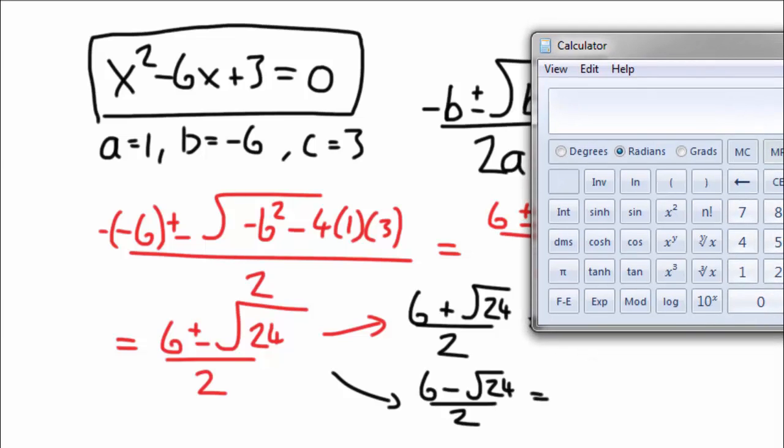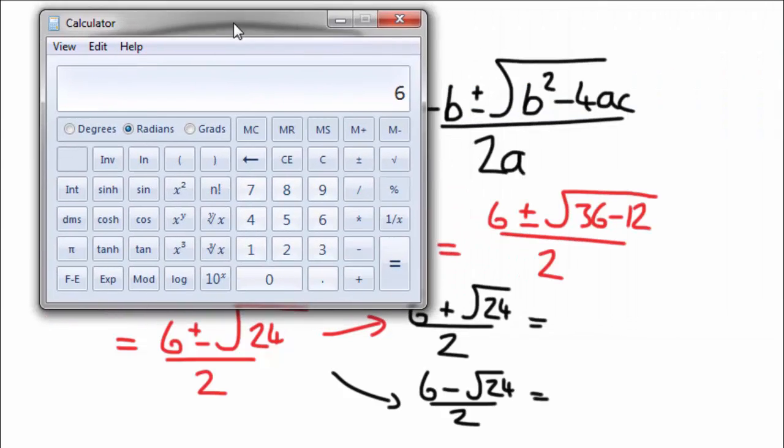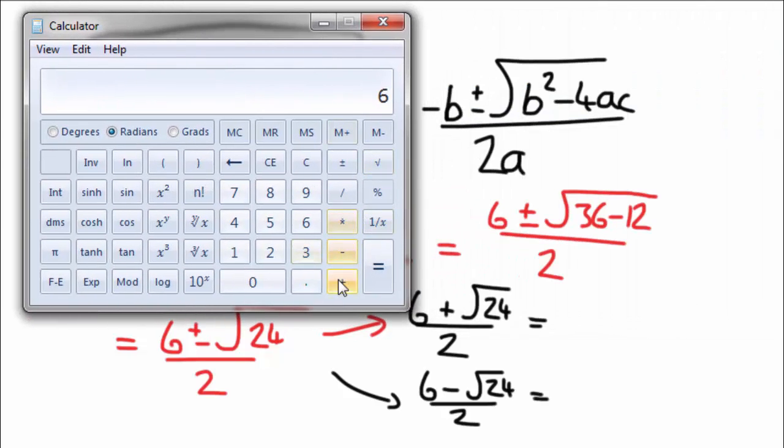Probably easier said than done. So what we do is we go 6 plus, and then the square root sign.